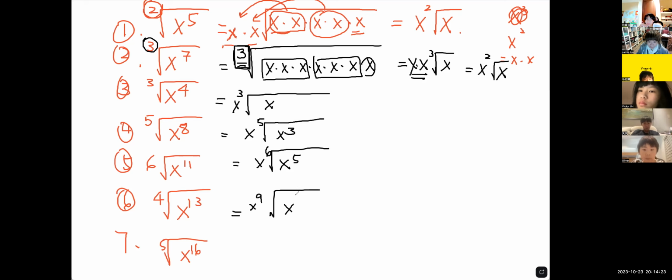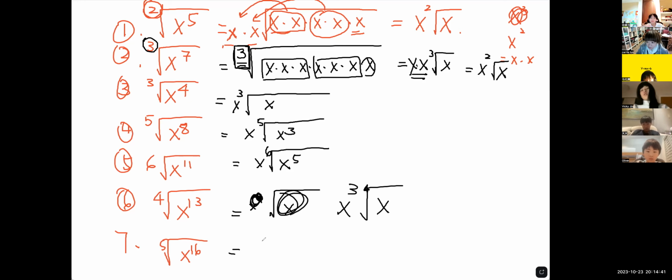Wait. Okay, let's take a look at this one. So what does it mean? This is x cubed, then x, and here is 4. Then x. Yes. Very good.